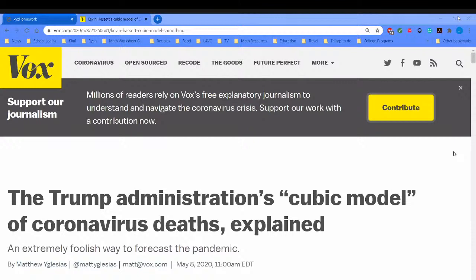Okay. Now, let's look at the Kevin Hassert Vox model. So that's right, the Kevin Hassert model. Okay, now there's two ways to attack this problem. So Nate Silver from 538.